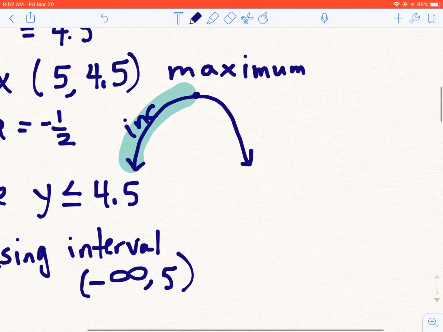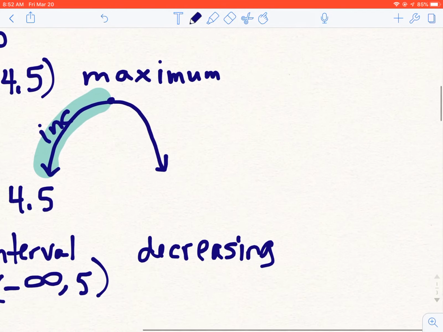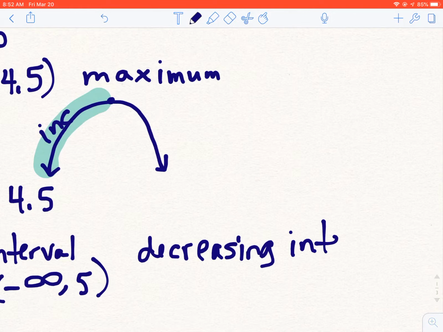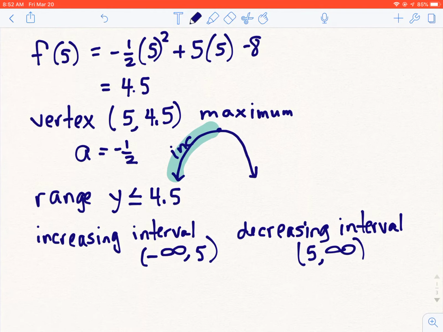And then the decreasing interval is the other side, which starts at 5 and goes to infinity. So there you have it. Let me just go ahead and highlight it because I can. So this side over here, that's my decreasing side.